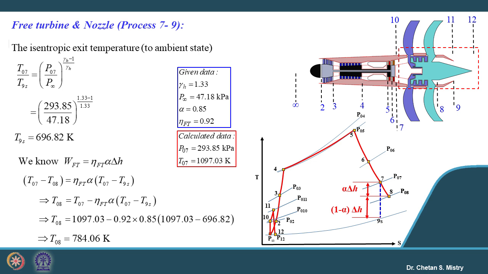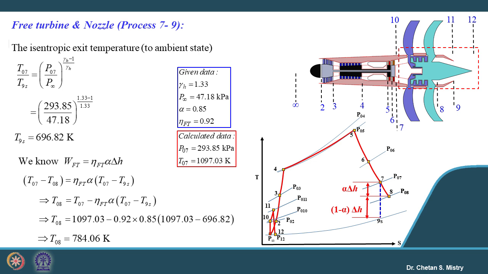Now, we can calculate the outlet temperature from the free turbine. If we put all these numbers, T08 is coming, so we have information about this temperature now.